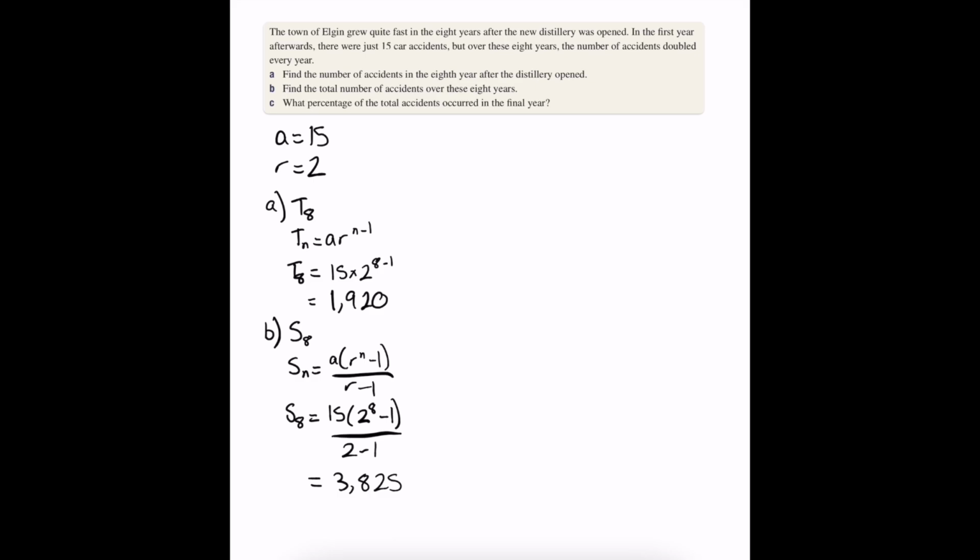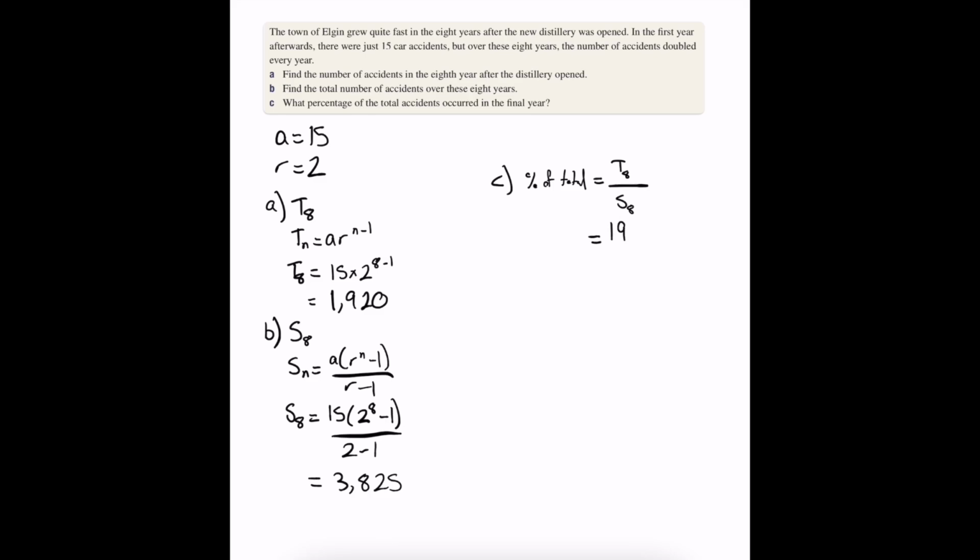Part C then says, what percentage of the total accidents occurred in the final year? This is a pretty simple question. So the final year is the 8th year, and it's essentially asking for the percentage. So the percentage of the total for the number of accidents in the final year is equal to the 8th term, so the number of accidents in the 8th year, divided by the total number of accidents across the first 8 years.